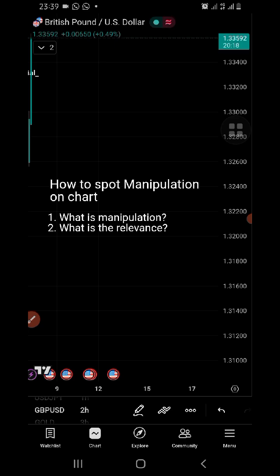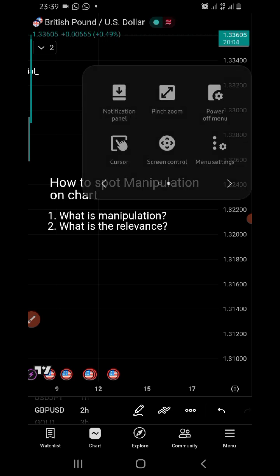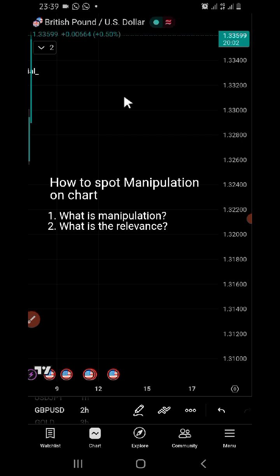So straight to the business, we will be talking about how to spot manipulation. But first of all, what is manipulation? What is the relevance? Now, when it comes to manipulation in the markets, let me come down to the layman's language.